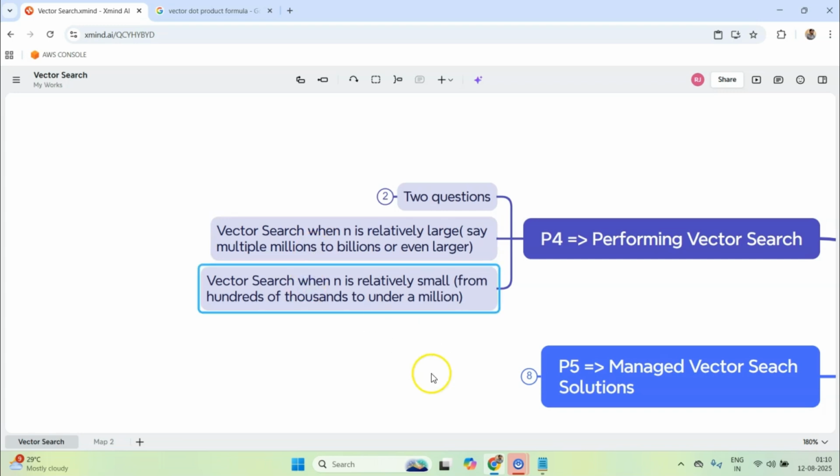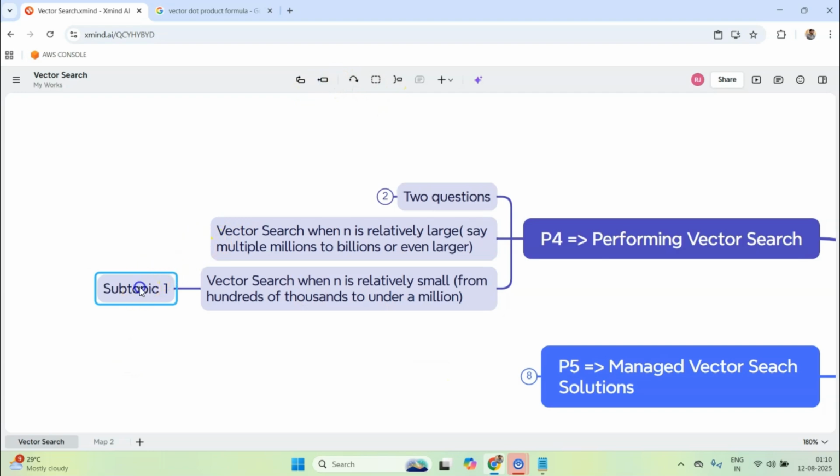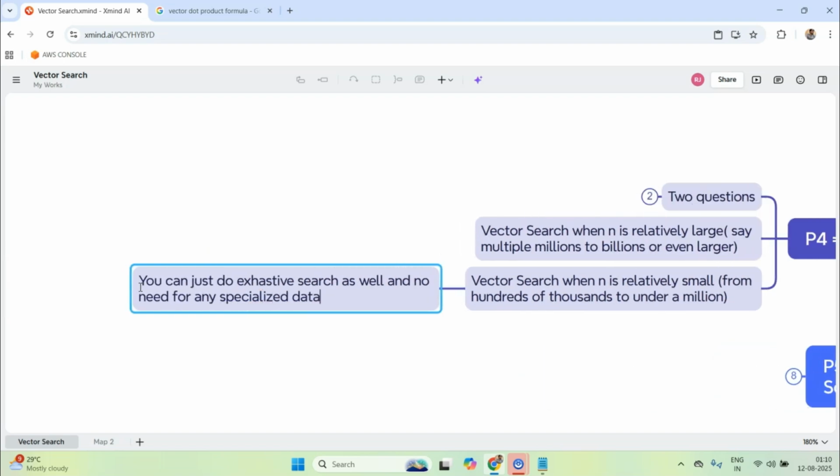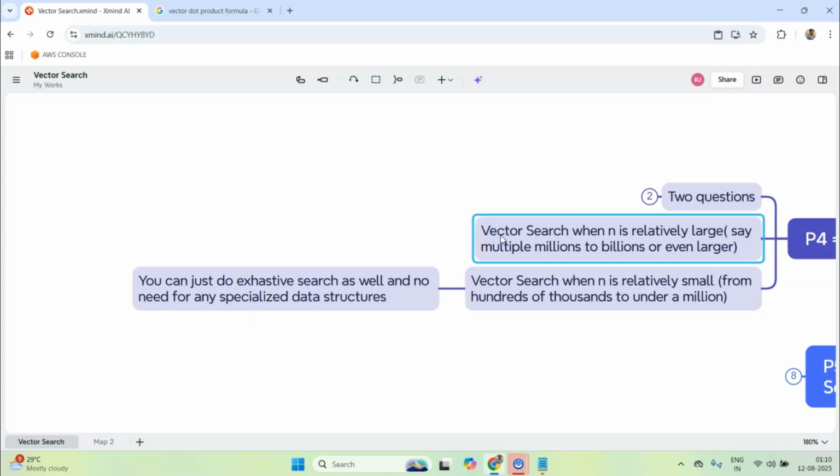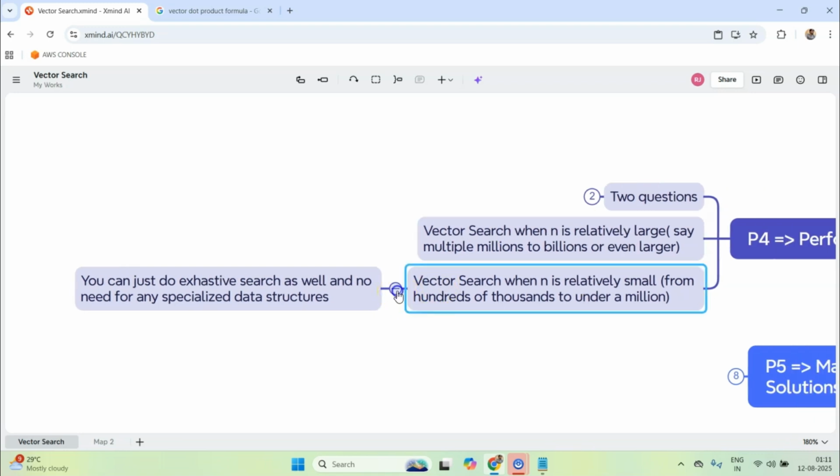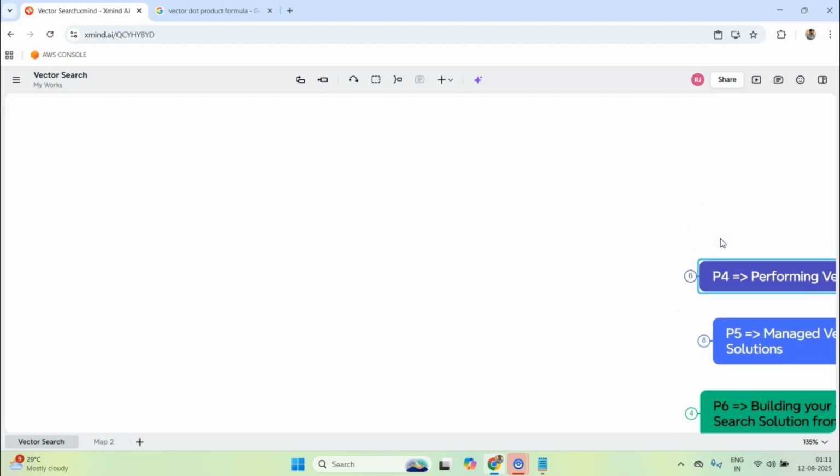When n is relatively small, although people might differ in my opinion, you can just do exhaustive search, with no need for any specialized data structures. When you need to do vector search over a large number of vectors, billions or millions, then you need to worry about specialized data structures. That is what I wanted to cover in this section.